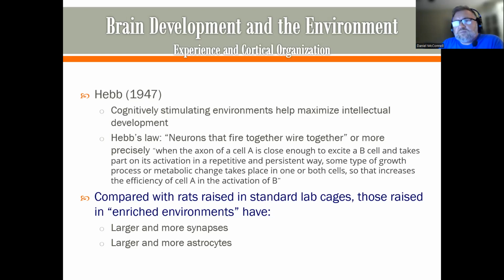So if we are exposed to language in infancy and early childhood, then all of the synapses that are part of processing those sounds of language are going to be repeatedly activated. And that's going to strengthen those synapses, and they're going to get stronger and stronger. And that's going to make us even better at processing the sounds of the language that we are exposed to.